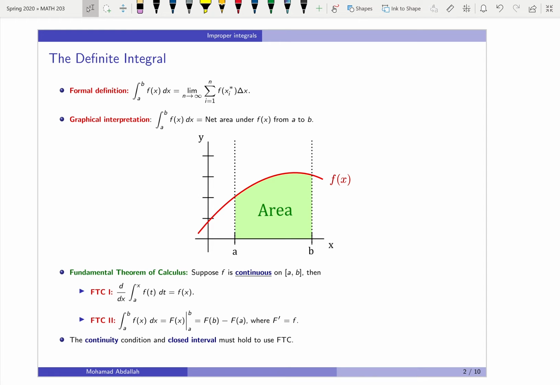Recall that the definite integral, when we first defined it, we defined it using the Riemann sum, the limit when n goes to infinity of a Riemann sum.